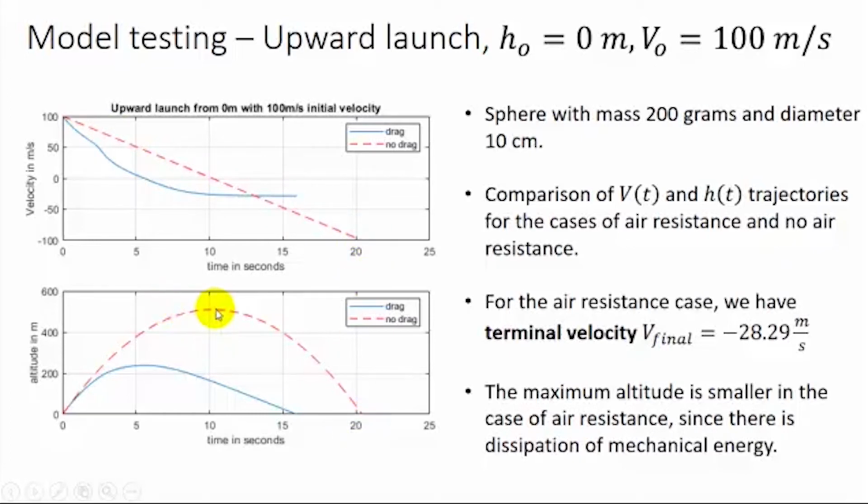It reaches a higher maximum altitude due to the fact that there is no aerodynamic resistance to dissipate the initial kinetic energy of the ball.